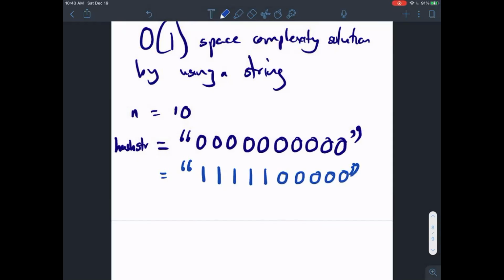So this string will keep track of your state, which indicates the presence of a number. When you look through that string, you figure out that it's 0 here, which means this should be the first missing number.